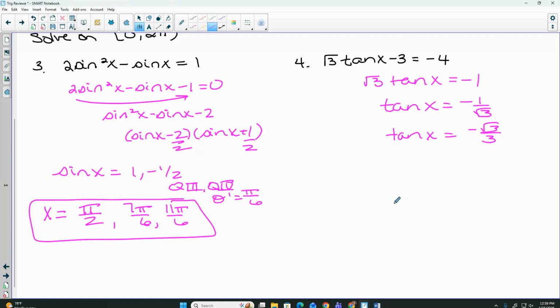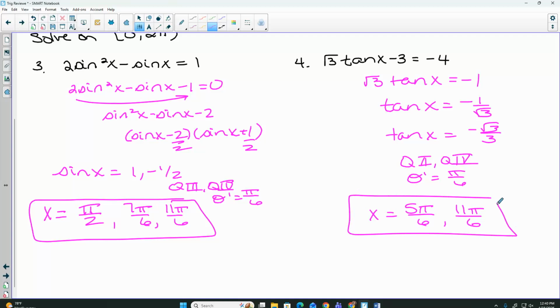So in what quadrants is tangent negative? Reference angle. When is tangent radical 3 over 3? 30 degrees, so pi over 6. So pi over 6 in quadrant 2 is pi over 6. In quadrant 4, 11 pi over 6.